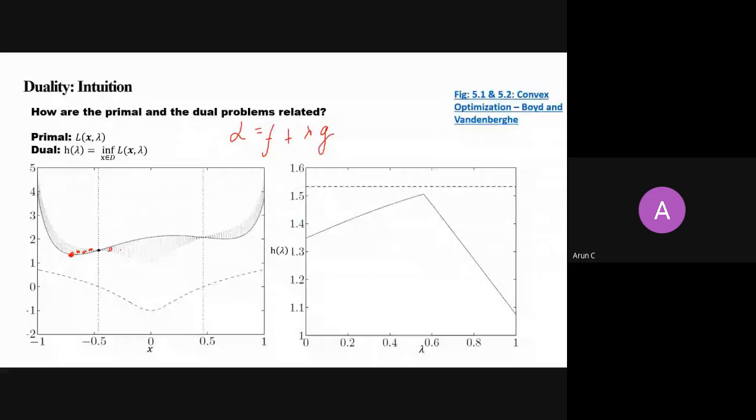If you take your lambda continuously from -1 to +1 and plot the minimum there, you see this function in terms of lambda. So for every lambda, you are calculating your Lagrangian and then minimizing it over x.